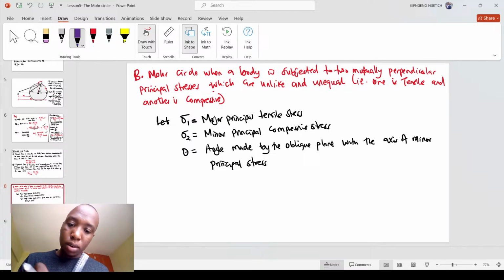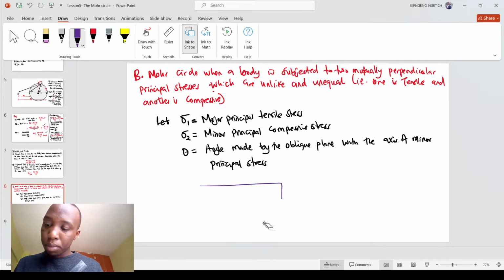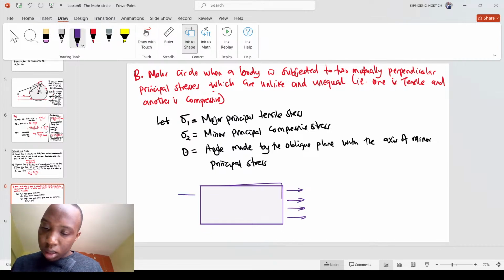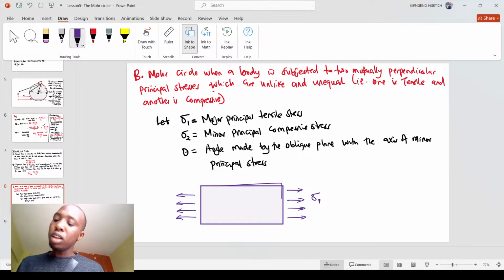Looking at something like that, and that has the major principal tensile stress. And this is stress 1, which is tensile, and the minor principal compressive stress.